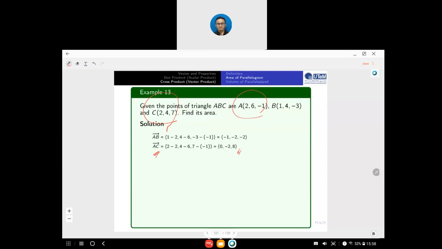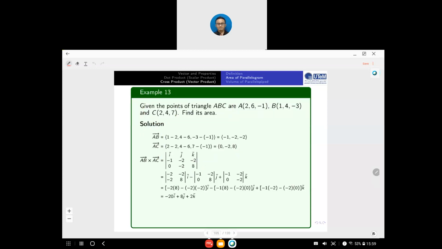Okay, and then you find the cross product between vector AB cross vector AC. Solve, and you can get negative 20i plus 8j plus 2k.